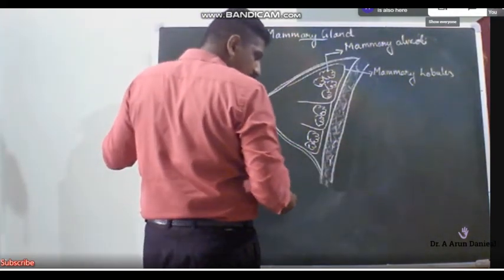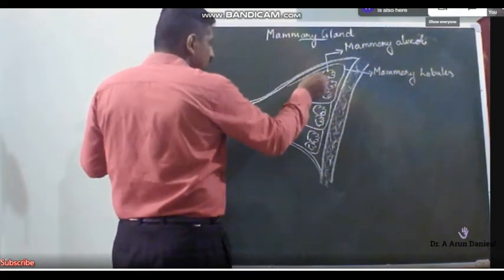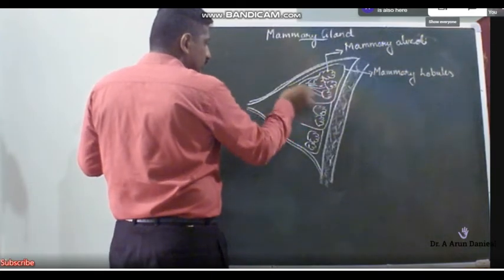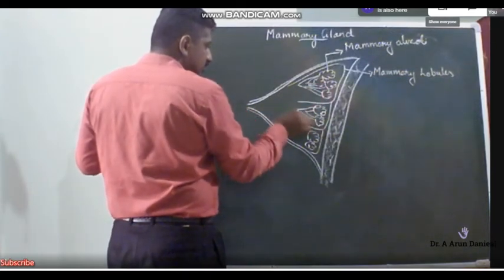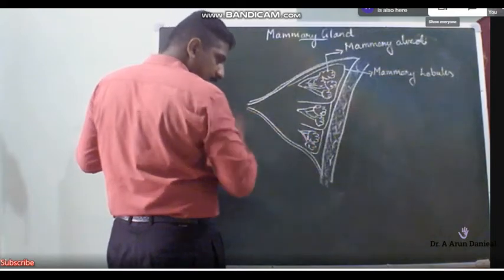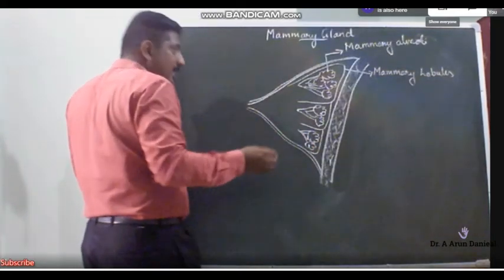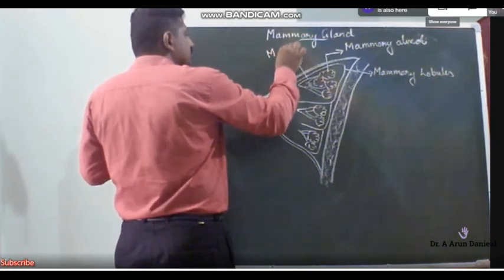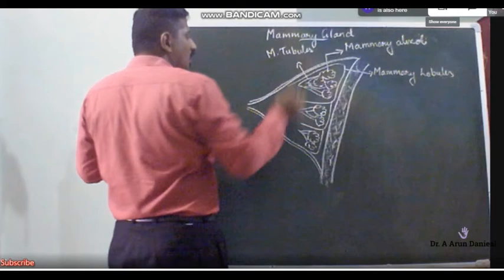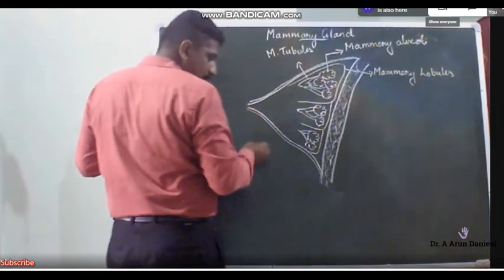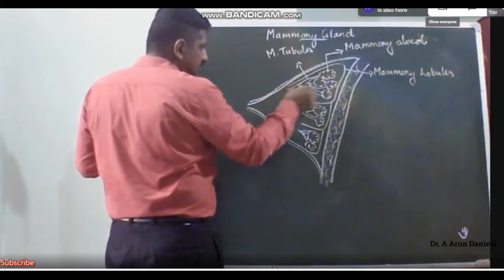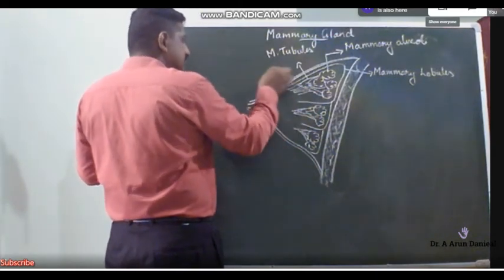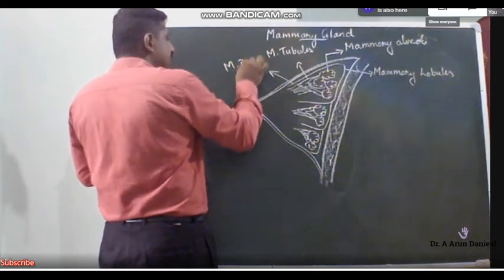The mammary alveoli further lead to another tubular part through which the milk is transported. This tubular part is called your mammary tubules. The mammary tubules lead to a lot of ducts, called mammary ducts.